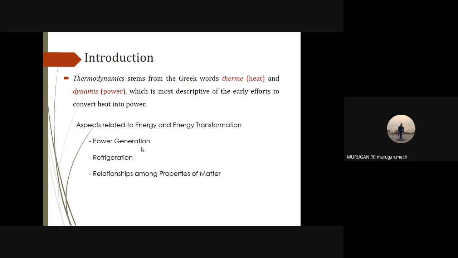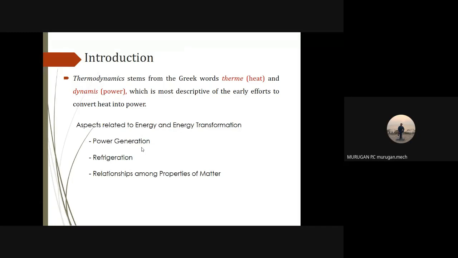Can you put out an example for the power generating industry or power generating plant? Sir, nuclear power.